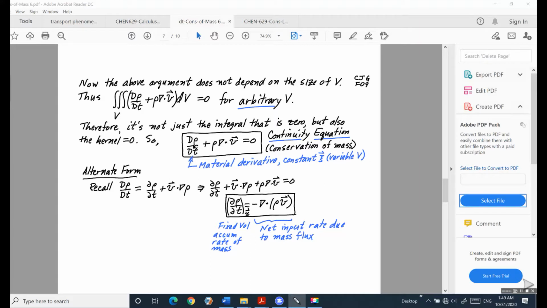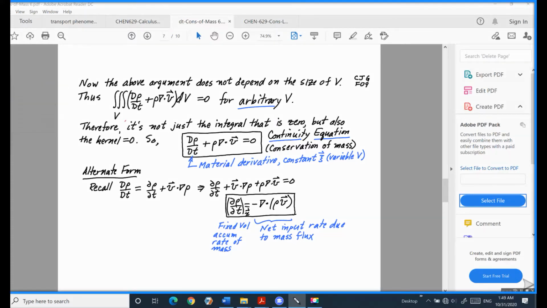in the substantial form. This is the open form of that one.